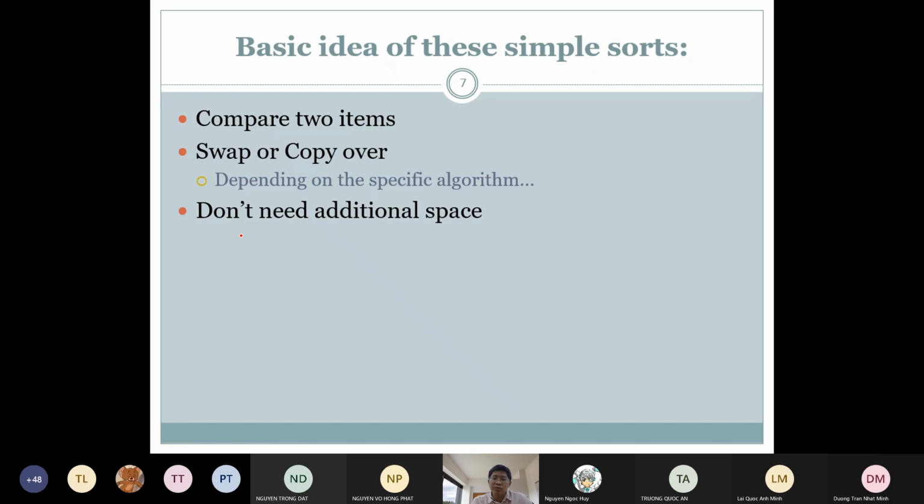You see the difference. So whether or not we need additional space could be a problem in some situations. These basic sorting algorithms don't need additional space for the sorting. That is quite important, so remember that.